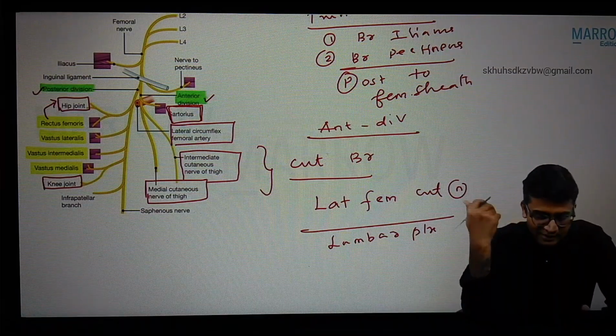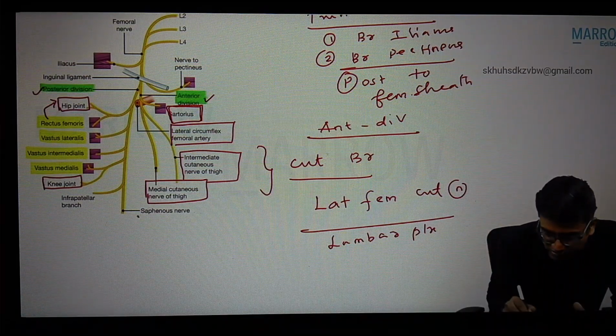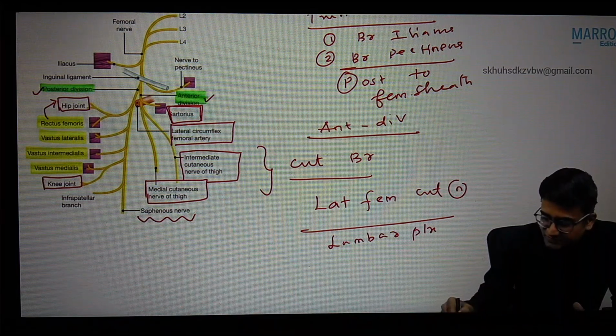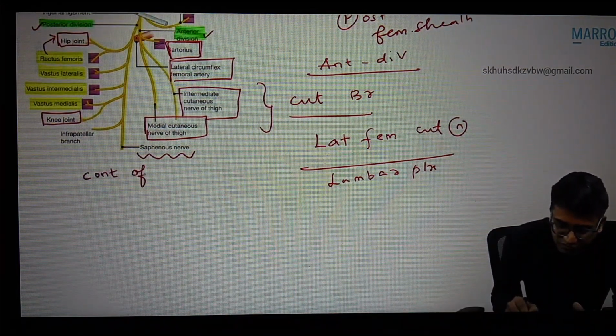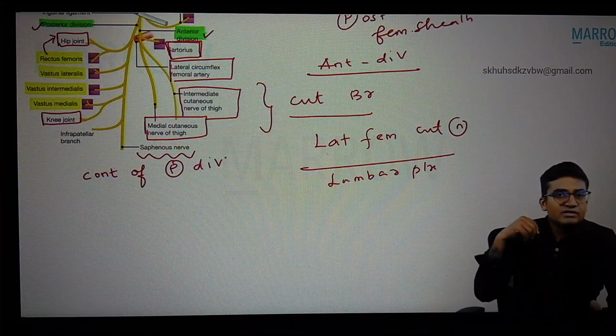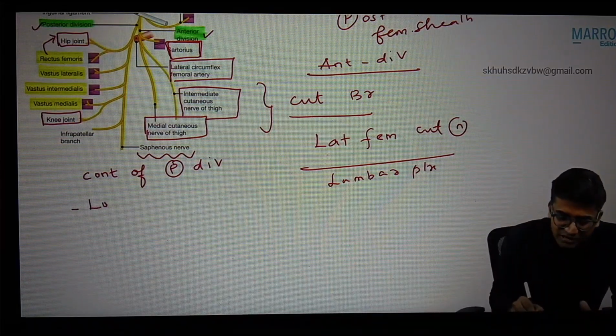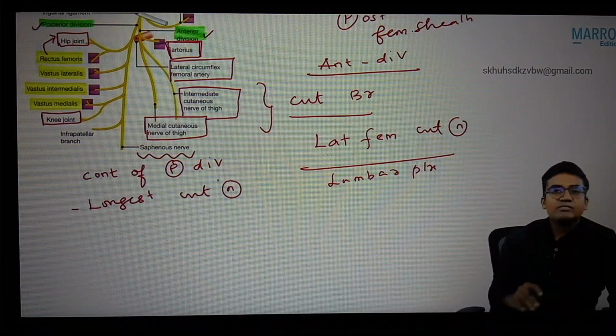Okay? And the posterior division of the femoral nerve in turn continues as the saphenous nerve. So the saphenous nerve is nothing but a continuation of the posterior division of the femoral nerve. Please remember, it is the longest cutaneous nerve in the body.